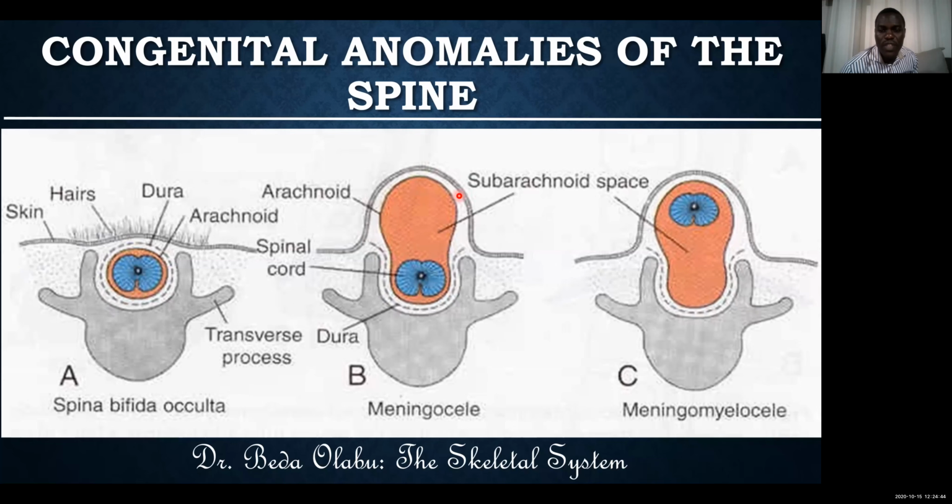When you have spina bifida cystica, then it matters to know what is within the cyst. The one that contains CSF with meninges only is called meningocele. The one that contains CSF, meninges together with the neural tissue is called myelomeningocele. You can call it meningomyelocele or myelomeningocele.